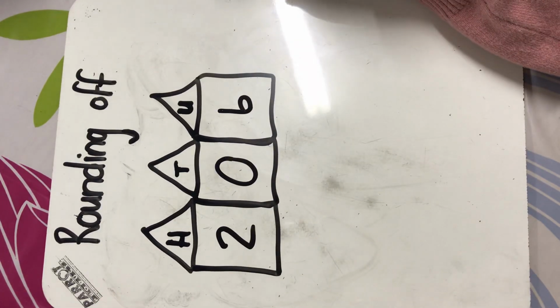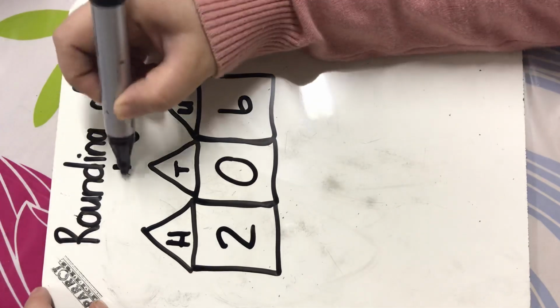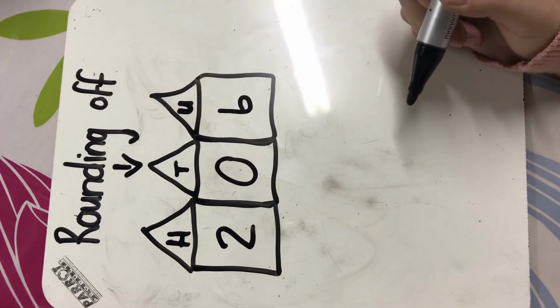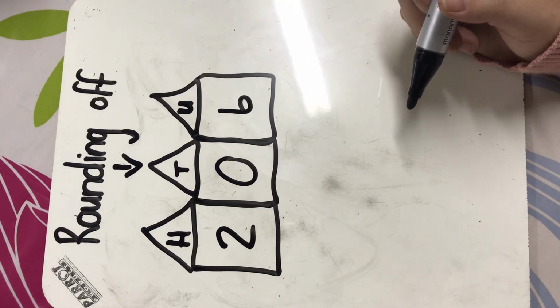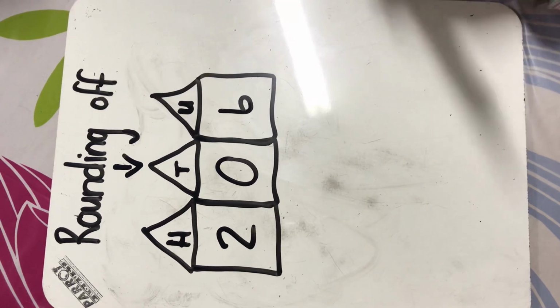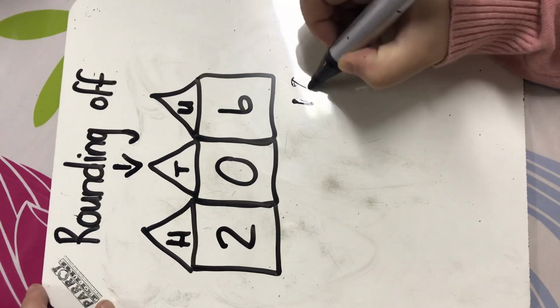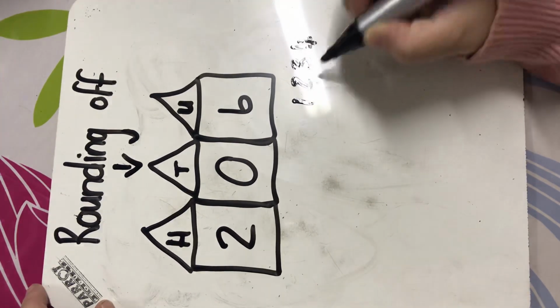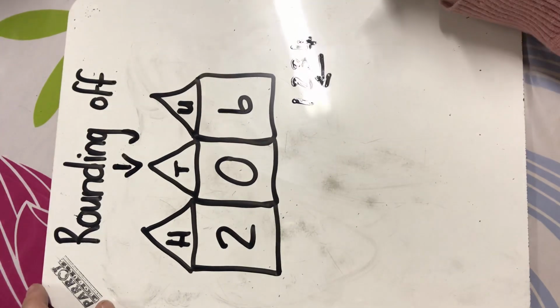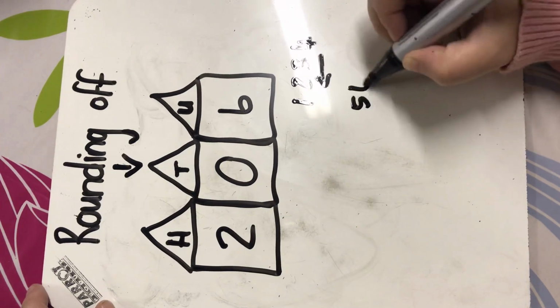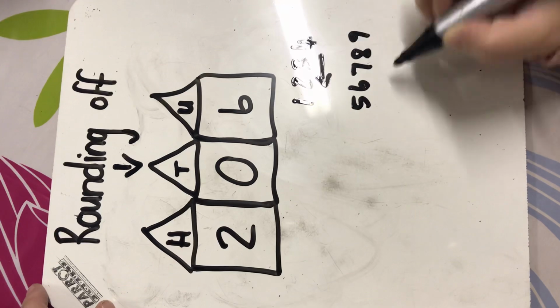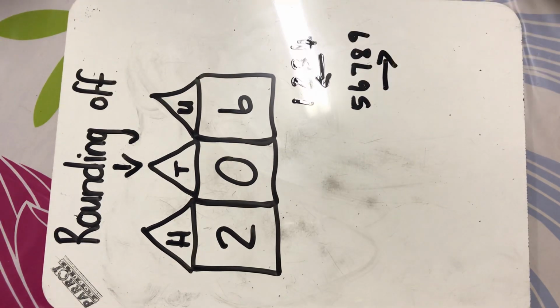Now if I get a number like, let's say this, and they ask me to round it off to my nearest 10, I immediately know, okay, that's my 0. My 0 is my nearest 10. Oh, maybe I shouldn't have done that. No, actually this is good. Okay. The rule says 1, 2, 3, 4 stays the same. 5, 6, 7, 8, 9 goes to the next 10.